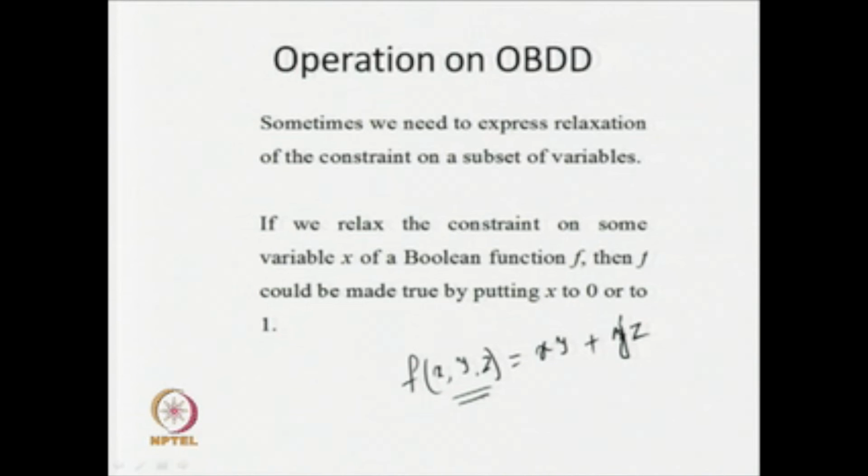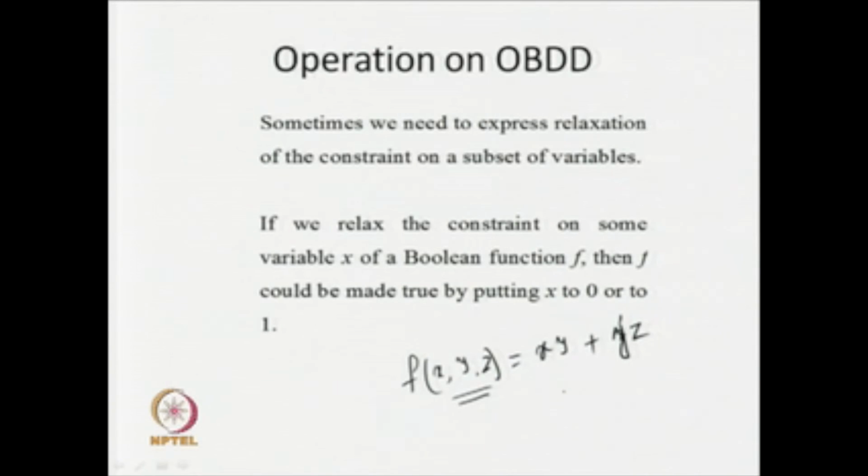We are saying that sometimes we restrict that particular function on a particular variable, that variable will be either equal to 0 or equal to 1. What is this particular function? Basically, we are saying that the functional value will be 1 provided x is equal to 1 and y is equal to 1, or y is equal to 0 and z is equal to 1. So, the function value will be 1 provided it satisfies this particular constraint.